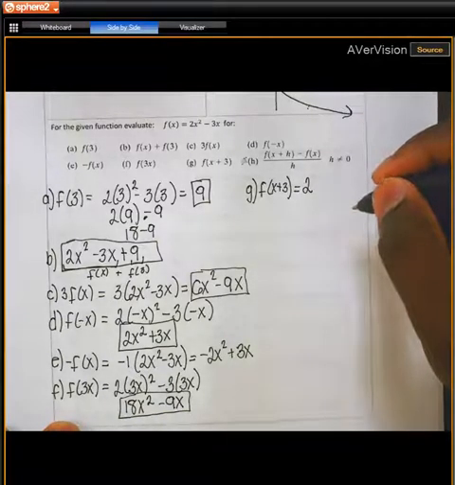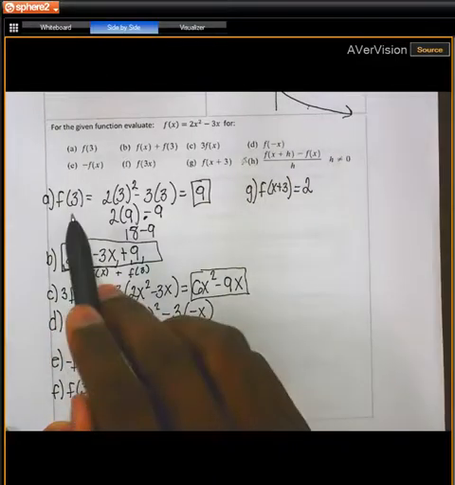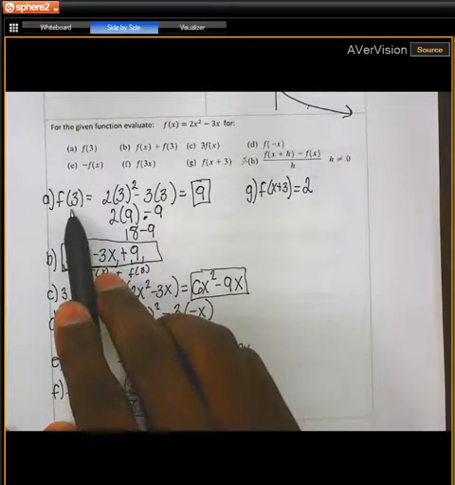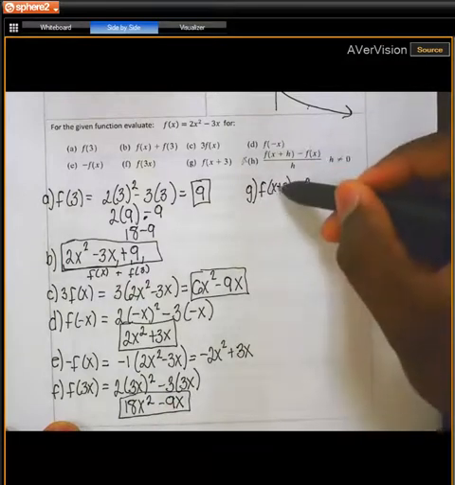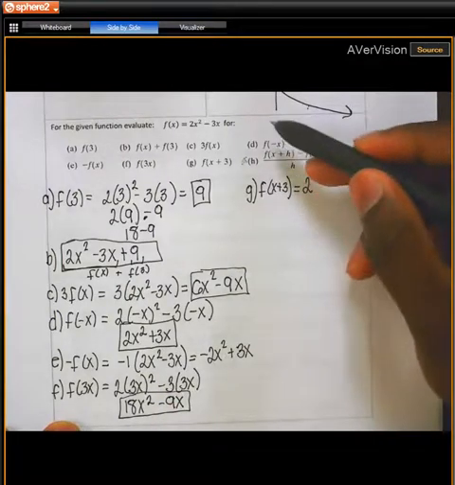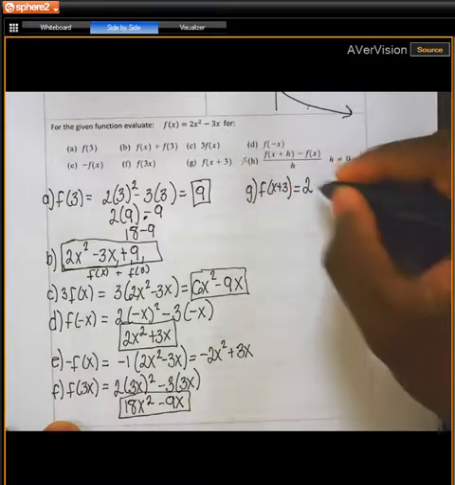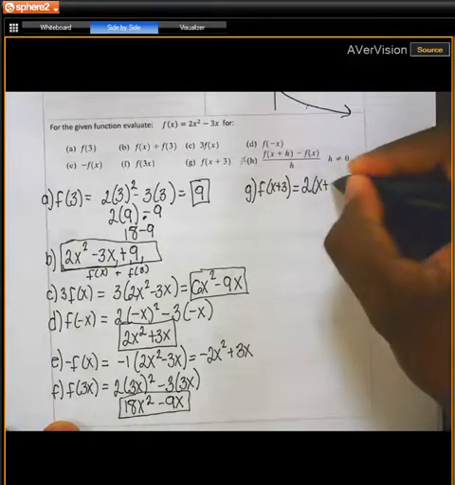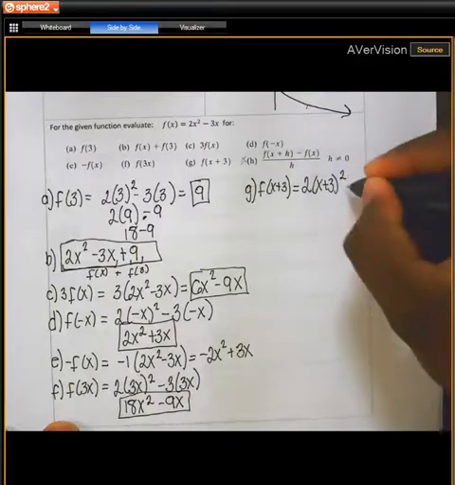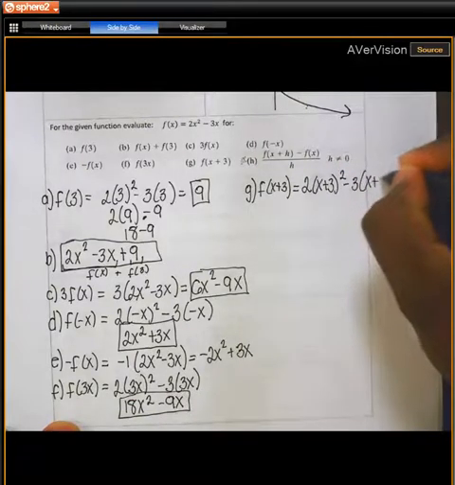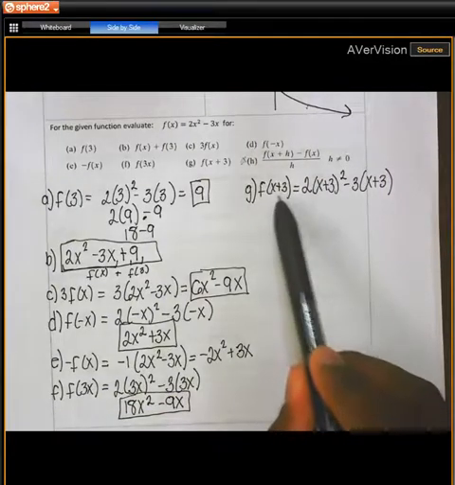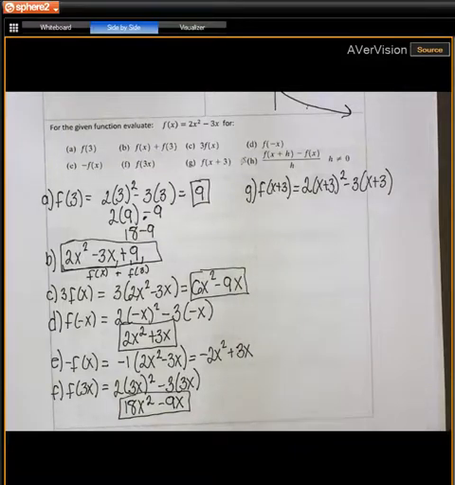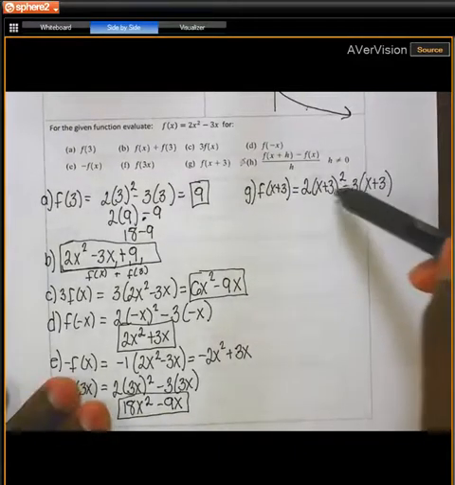It said multiply it. What did we do with this 3? Yes, we substituted it for x. So what do you think we have to do with x plus 3? Substitute it for x. Doesn't matter what's inside this parentheses. You have to substitute it for x.